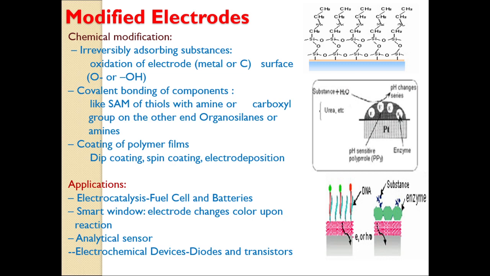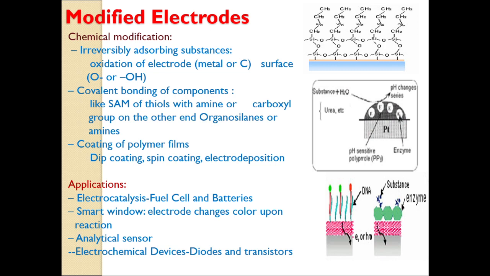That's why modification of the surface of particular electrodes is necessary, and development is going on for it. If we modify these electrodes, they can be tailored to accomplish various functions.